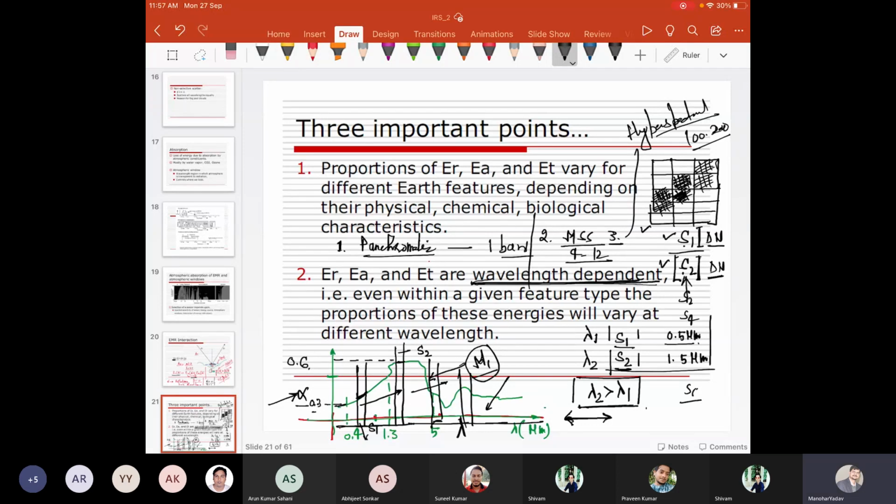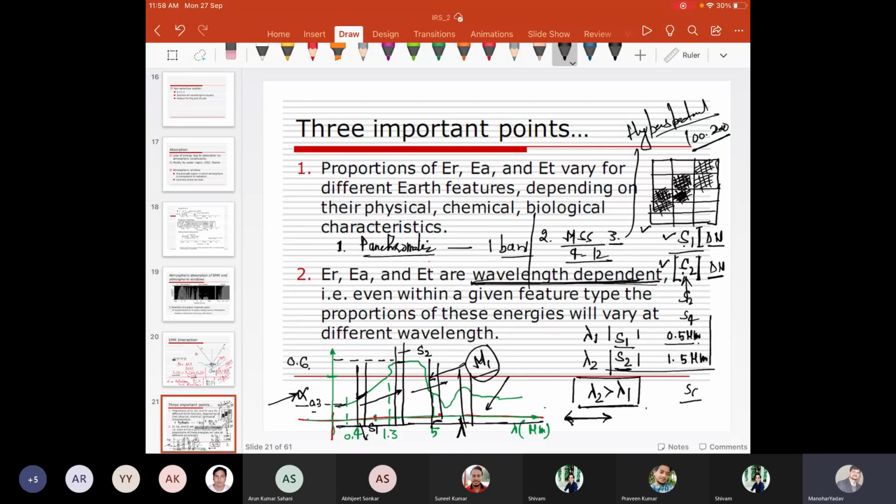See, when we use such a large number of bands, then in hyperspectral sensing, when we process these large number of bands, we can go for subclasses identification.